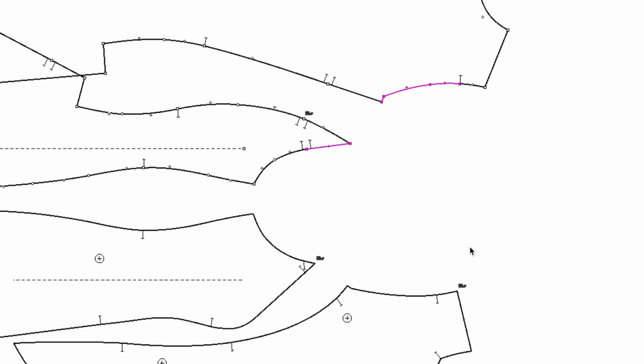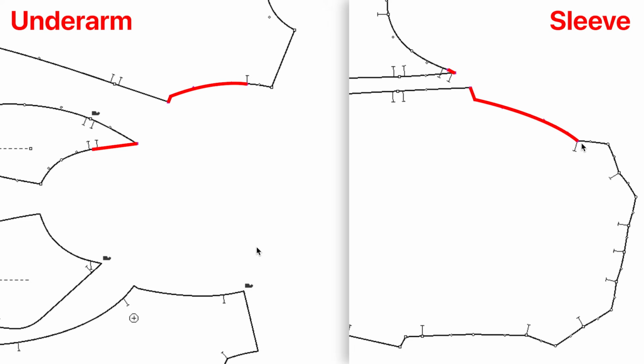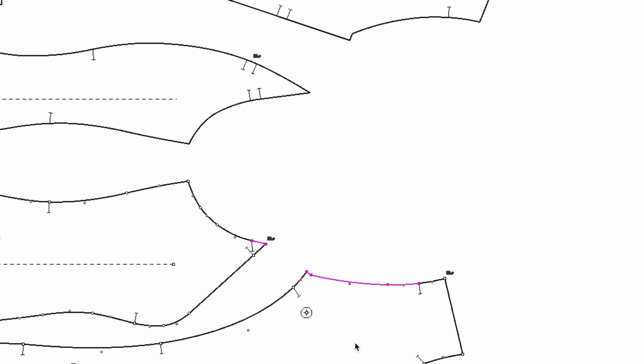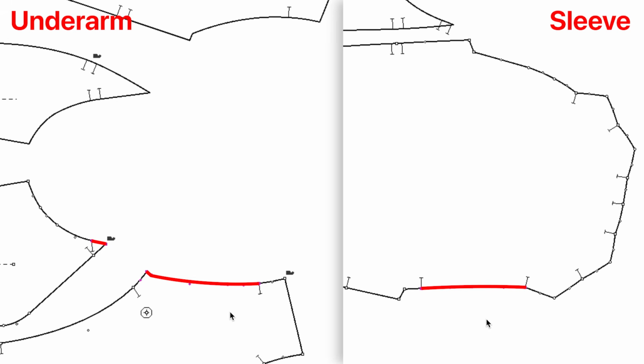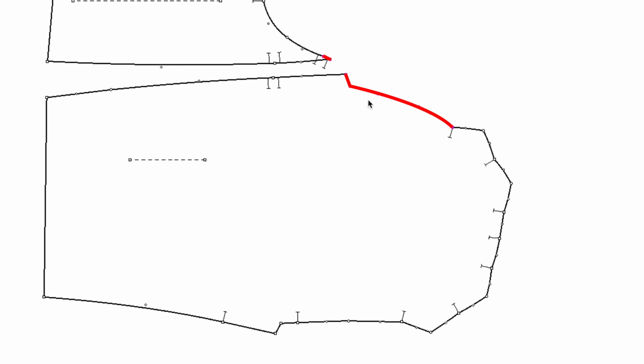When I measured the body armhole, this length should be the same as this length, but actually the sleeve is a little bit longer. And for the front, the length between two notches should be the same as this length. They are pretty much the same. So I would like to reduce this length by 1 centimeter.